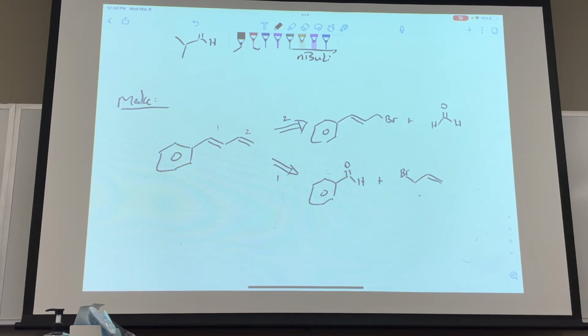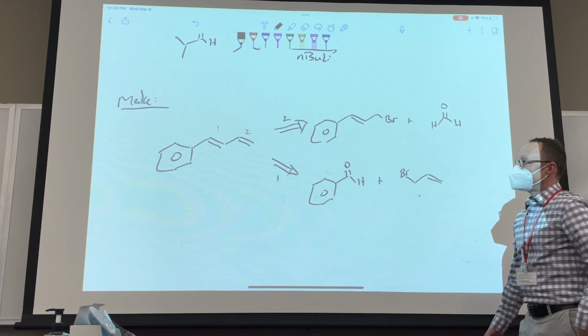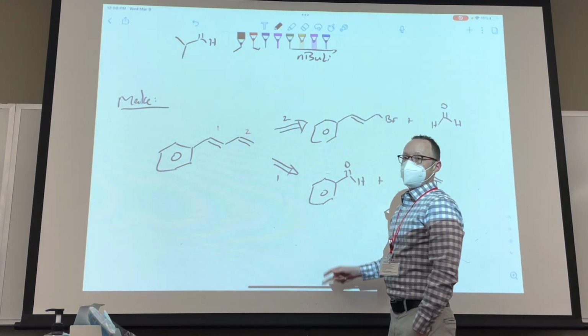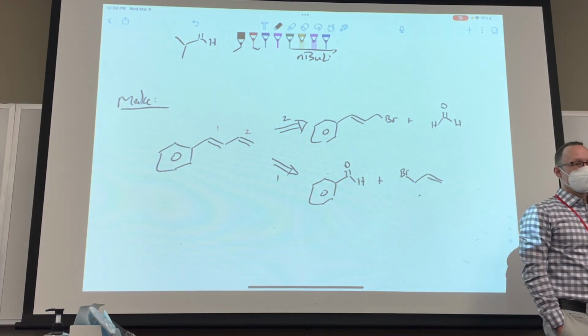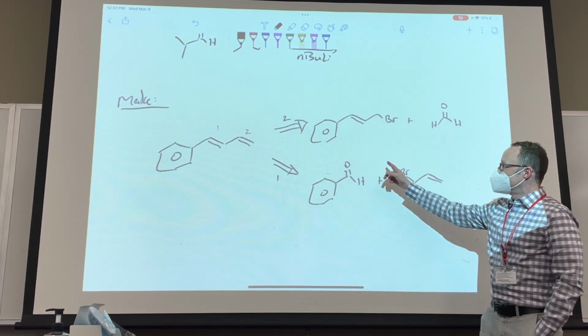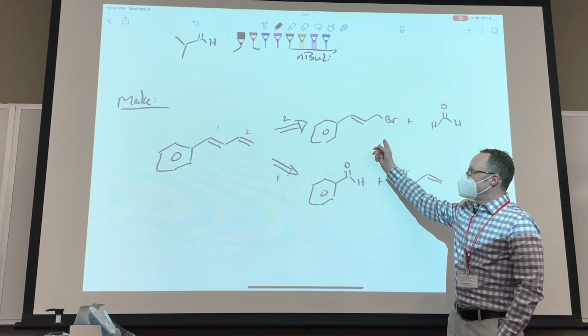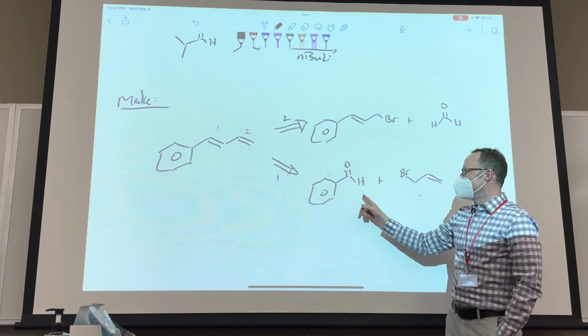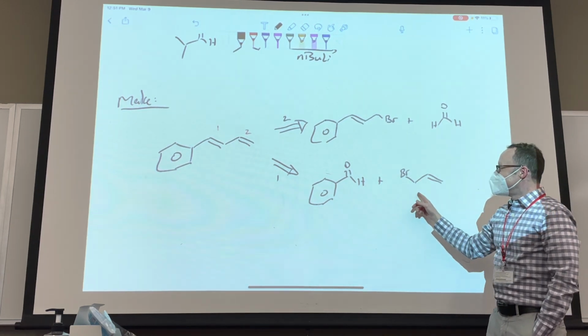Which one looks easier to you? If you had to do this on a synthesis problem on an exam or something like that, which route would you take? I like the first one. I would take the second one because it's easier when the pieces are smaller. Okay, number 1, the second option.